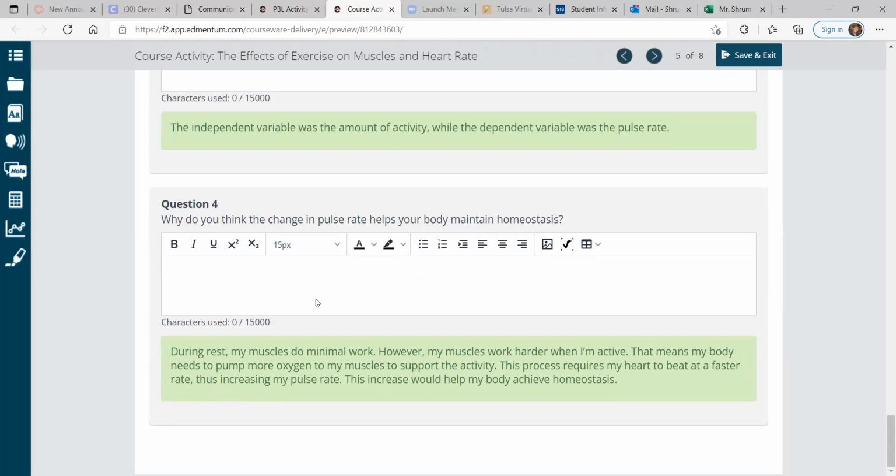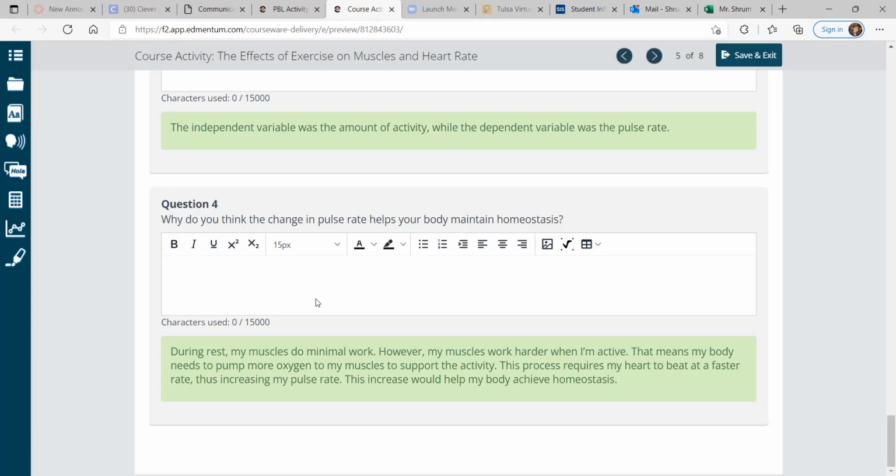And then lastly, we have question 4. Why do you think the change in pulse rate helps your body maintain homeostasis? During rest, muscles are not doing a lot of work, right? They're holding your body together, letting you do certain tasks, but the muscles work harder when you're very active.